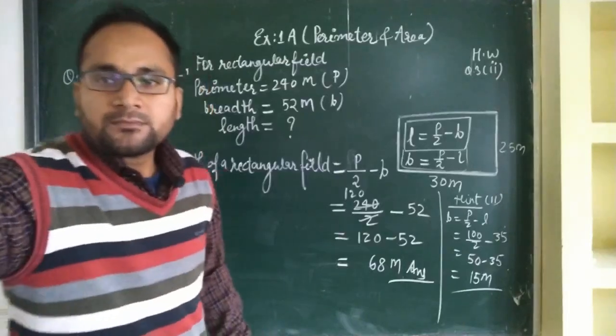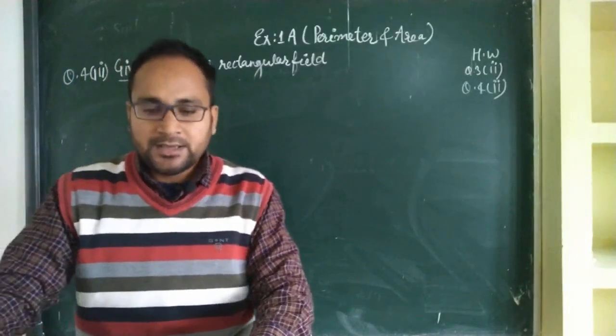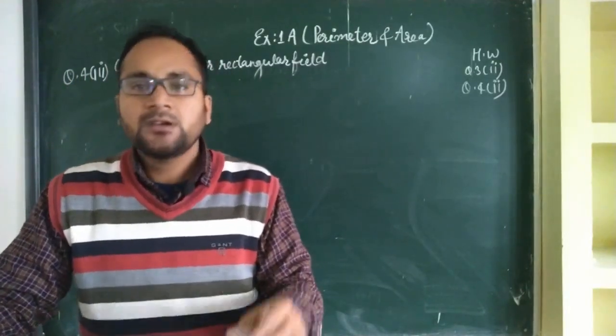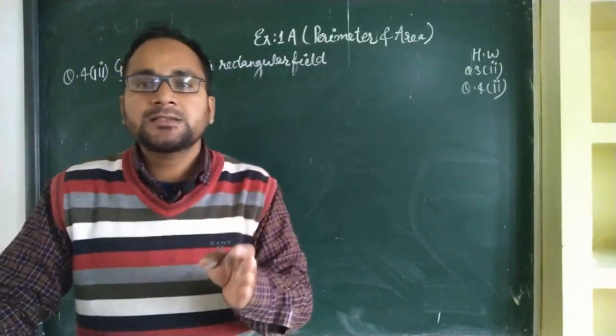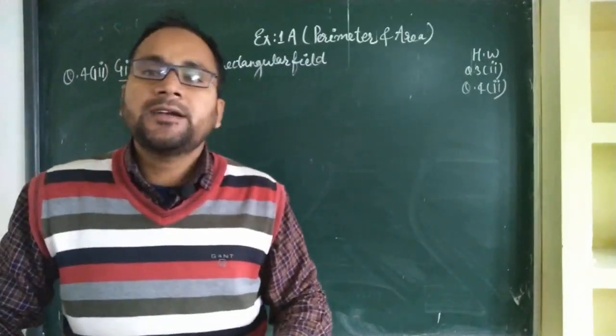Now question number 4, third part. The perimeter of a rectangle is 200 centimeter. Its length is 3 times its breadth. Here one relation is given: its length is 3 times its breadth. Find the length and breadth.